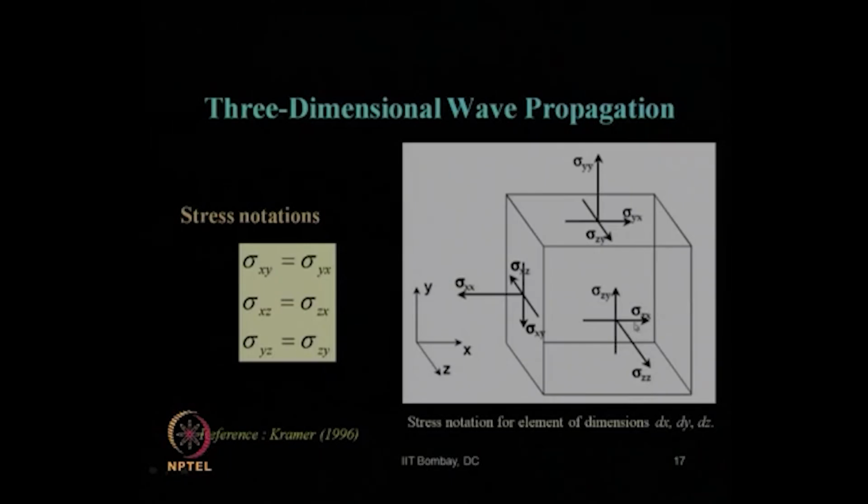So, that is why these shear stresses over here, sigma z y in the y direction, sigma z x in the x direction. This is actually sigma z y, it will be y z because of the z direction. So, the direction will come last, but as we know sigma y z equals sigma z y, that is why it is written as sigma z y. Similarly, this is sigma y x in the x direction, which is equal to this sigma x y.